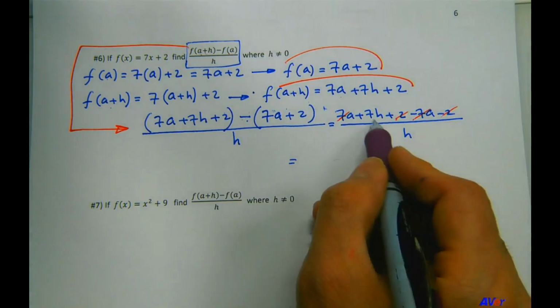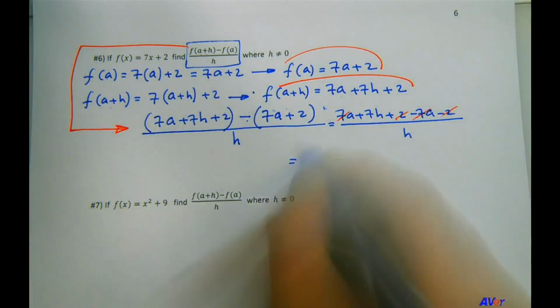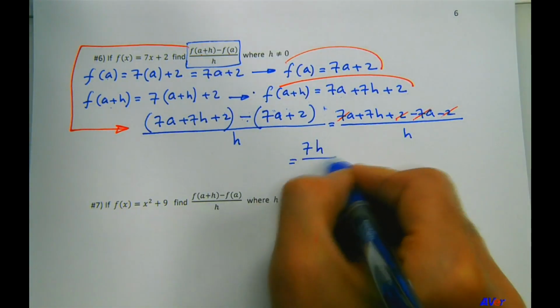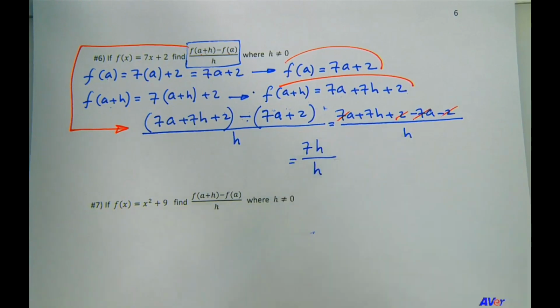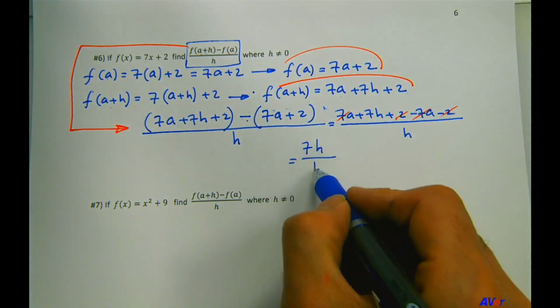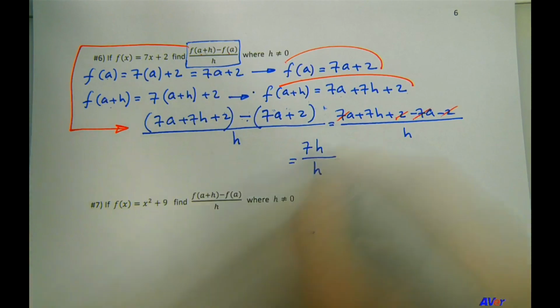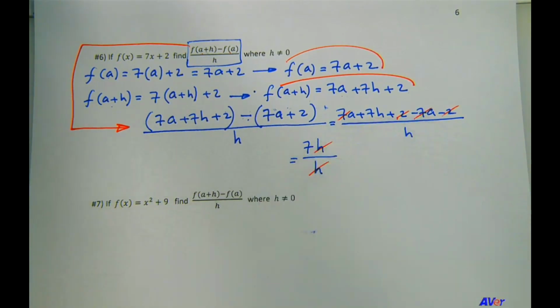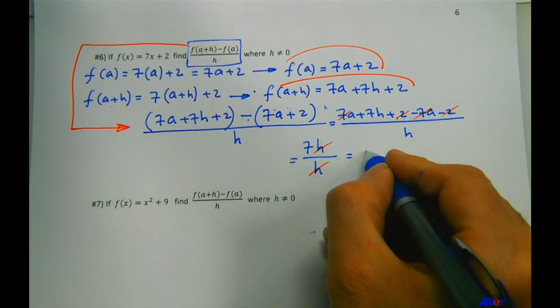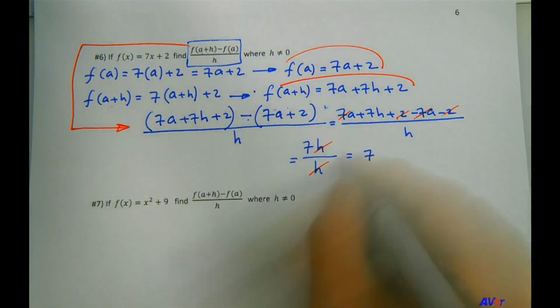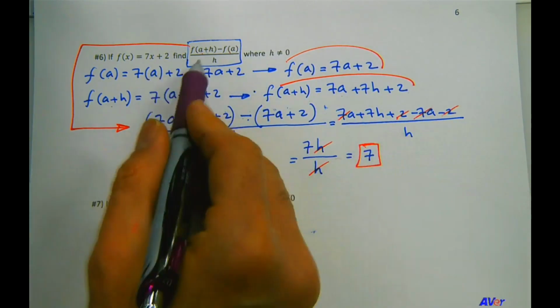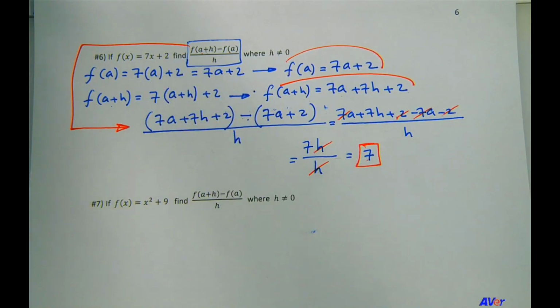We end up with one term, which is 7h over h, right? Is there anything else we can do to simplify? Yes. 7h over h, we can cancel the h terms. We end up with 7. So the difference quotient is equal to 7.